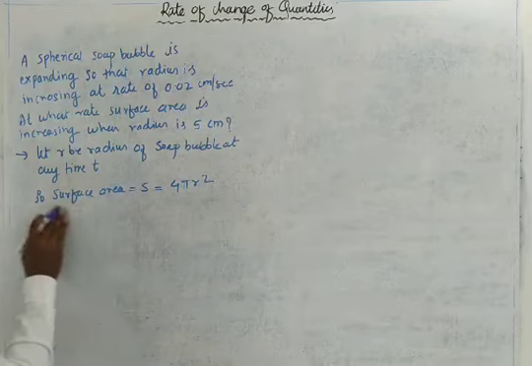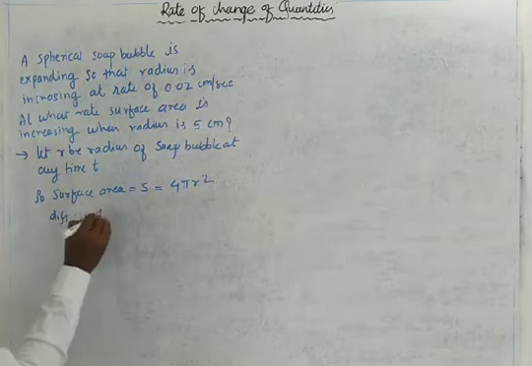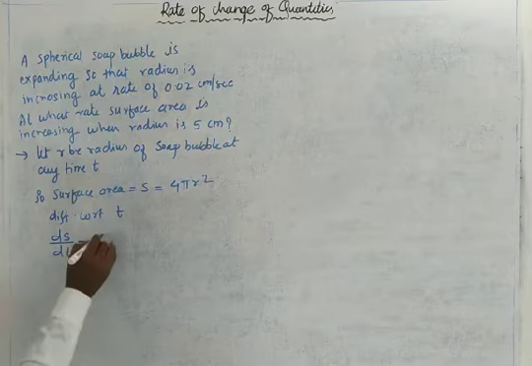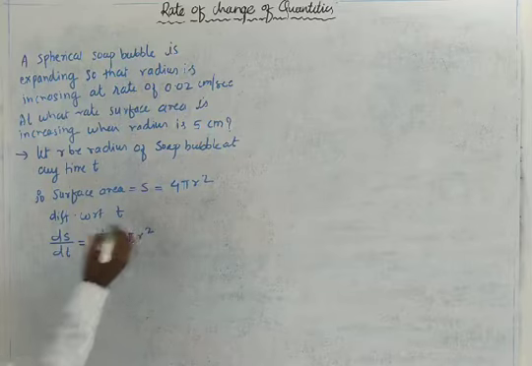So now we are going to differentiate that formula. So differentiate with respect to t. So we will get the rate of change in surface area with respect to time t, that is dS by dt, and the rate of change of 4 pi r square.